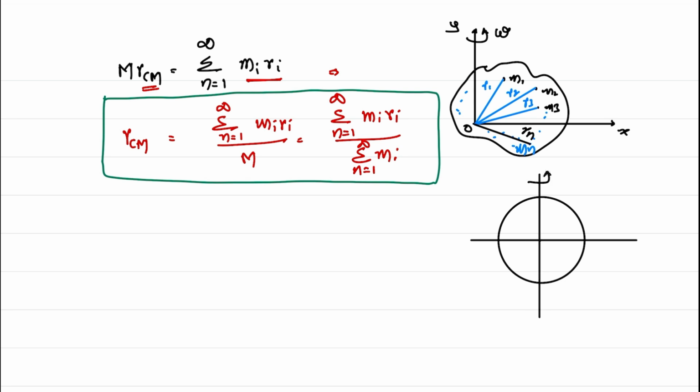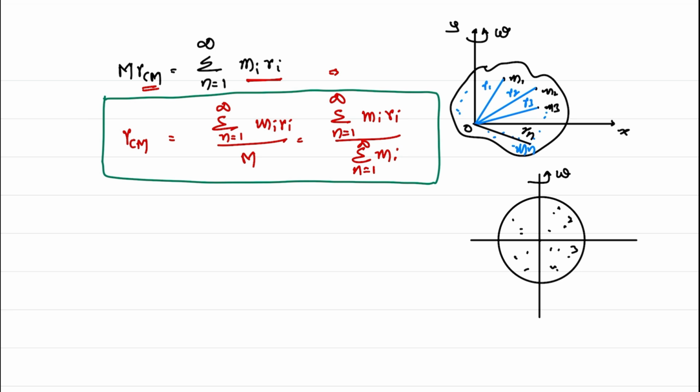About this axis of rotation, here it is M1, M2, this is M3, M4, 1, 2, 3, 4. By symmetry, maybe infinite, no problem. By symmetry, negative values get cancelled with the positive values, and sigma mi Ri is going to become 0.